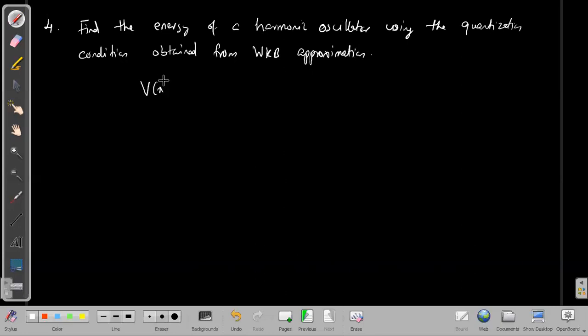So remember the harmonic oscillator, the potential V of x is half m omega square x square.